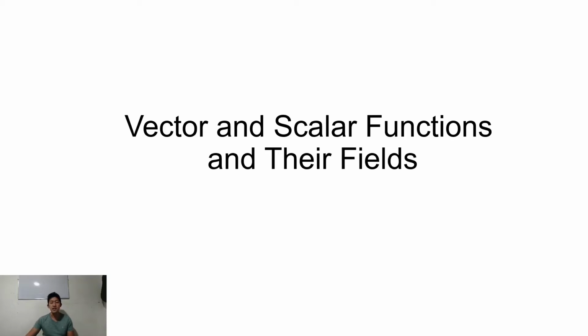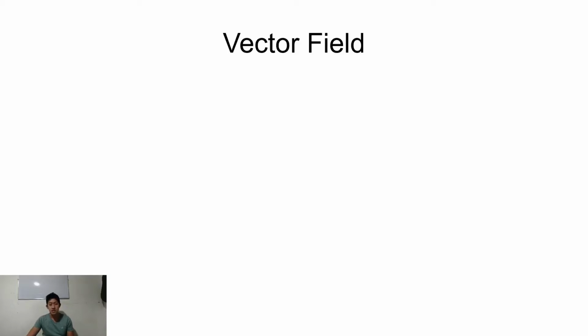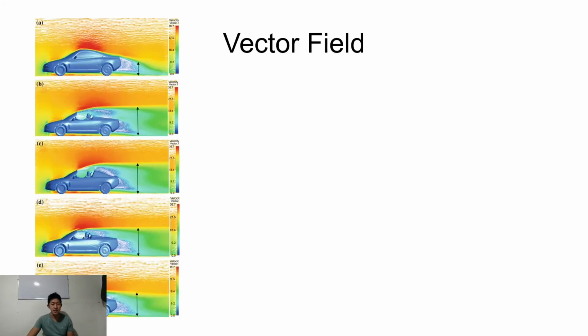So what are they? This is an example of a vector field. This is a CFD simulation of a car. There are different configurations of cars. The first car is a closed type.